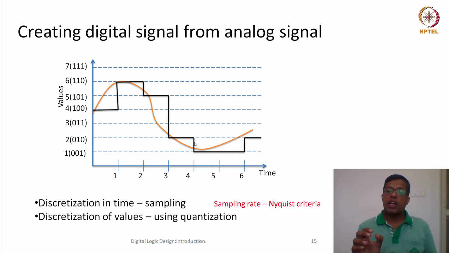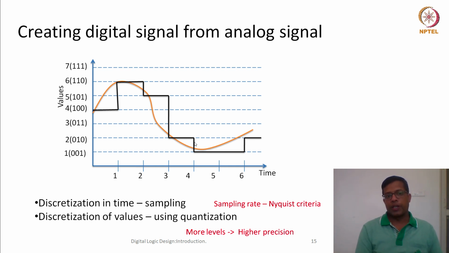And if the sampling rate is good enough, we will not miss any particular event in this analog signal. So using these two important theoretical ideas, one sampling at the Nyquist rate, the other using more levels, which increases the precision, we would be more accurate.